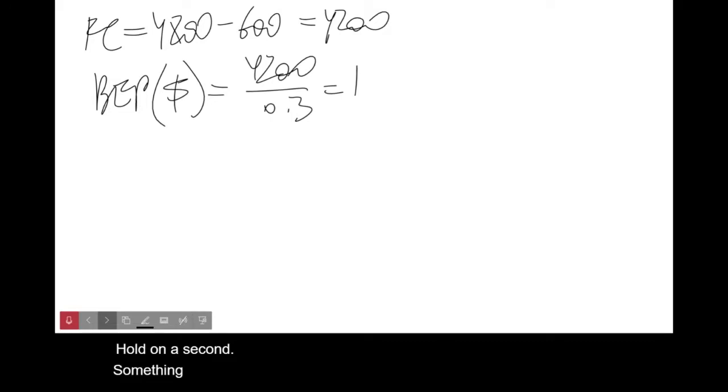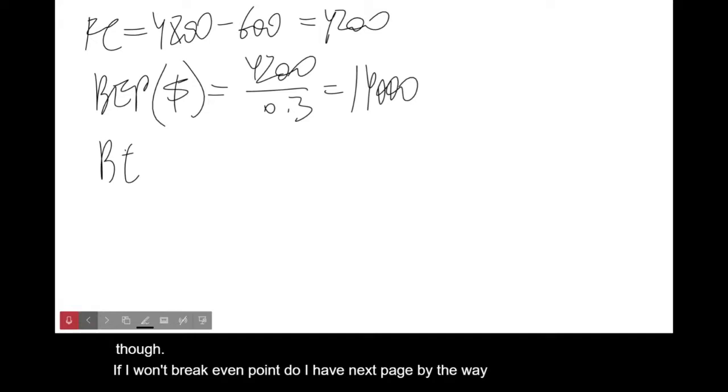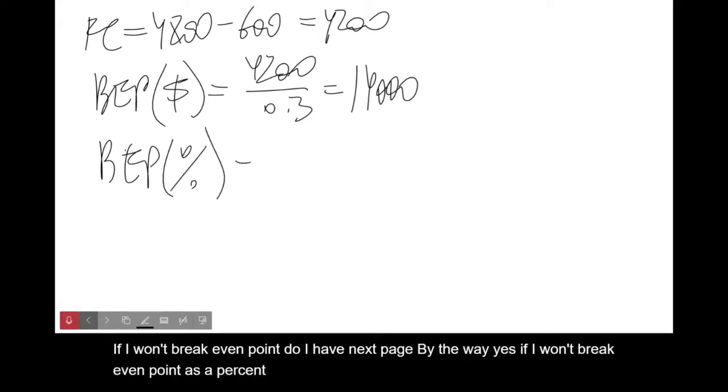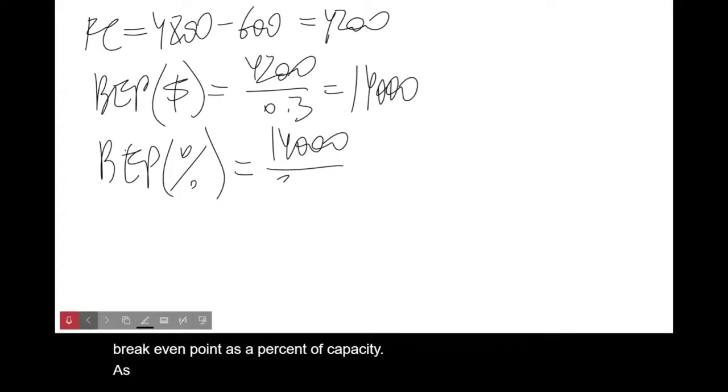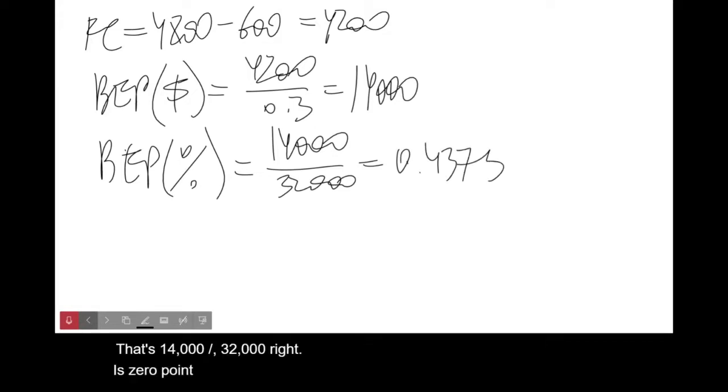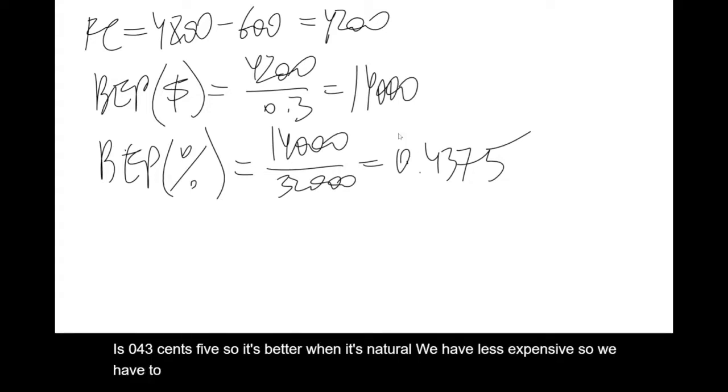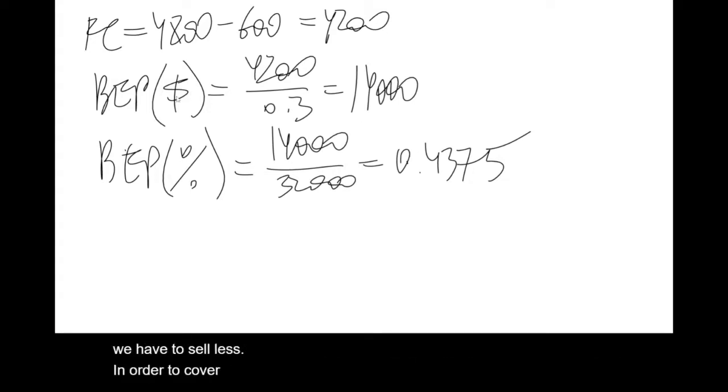Something interesting. 14,000. If I want break-even point as a percent of capacity, that's 14,000 over 32,000, right? Is 0.4375. So it's better. And it's natural, we have less expenses, so we have to sell less in order to cover it. So let me know when you're ready to continue. We still have one question.